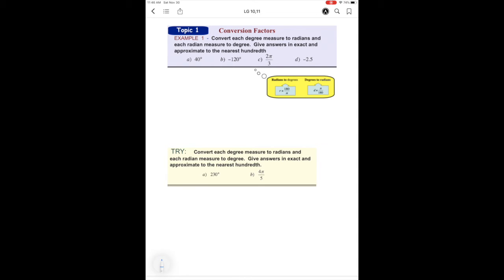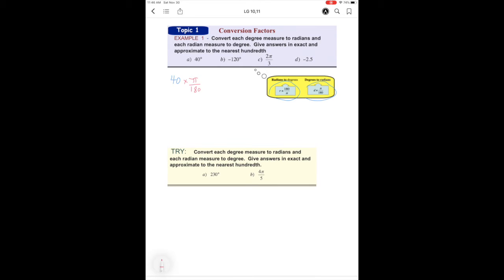So now we are going to look at converting. So when you're converting, we have these formulas you get to know to quickly convert. So if I have 40 degrees, all right, and I want to convert that into radians, I know that I have this conversion, pi over 180.